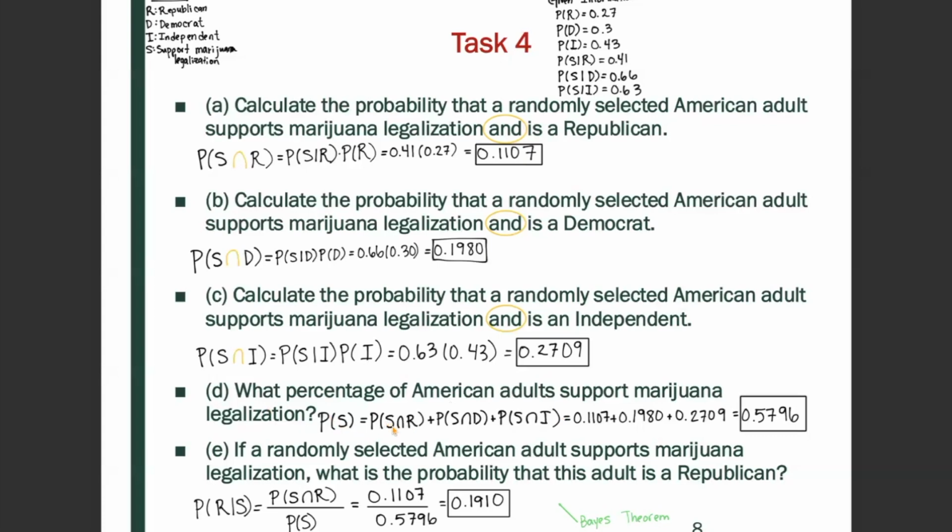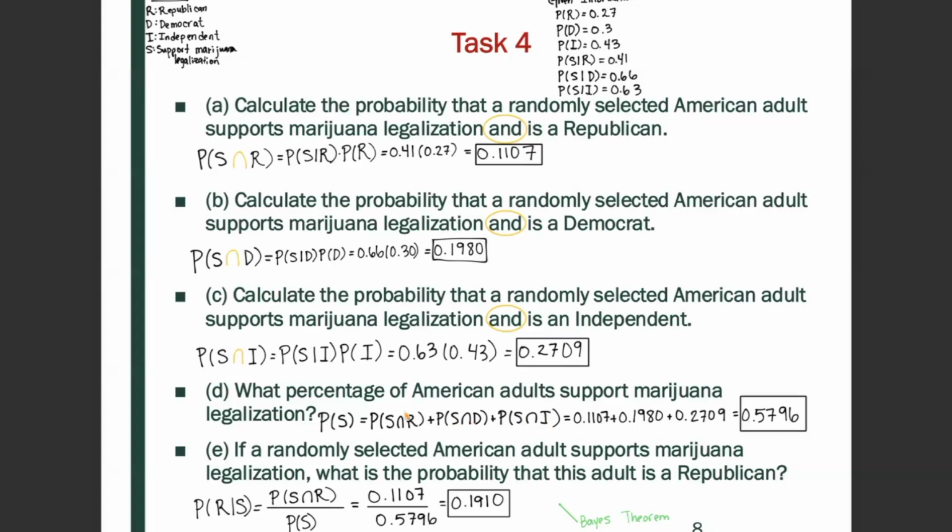Part D. What percentage of American adults support marijuana legalization? So that's the probability of S. They support marijuana legalization. So that equals the probability that they support marijuana legalization and they're Republican, plus the probability that they support marijuana legalization and they're Democrat, plus the probability they support marijuana legalization and they're an independent.